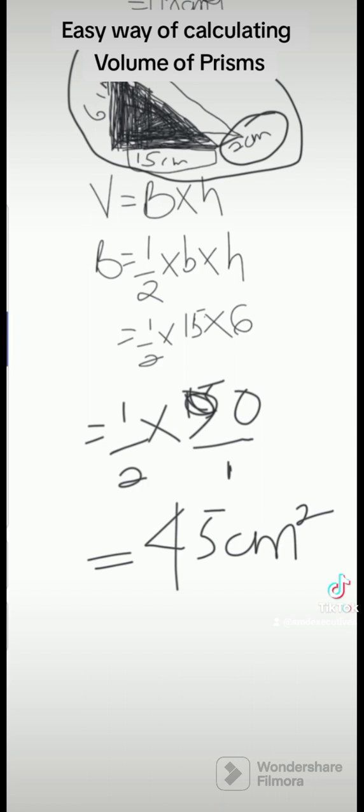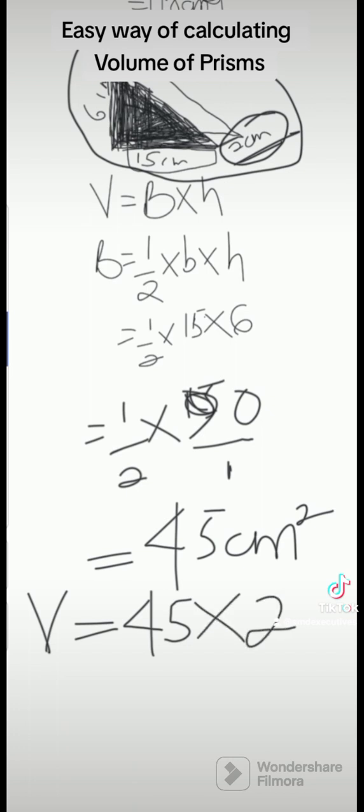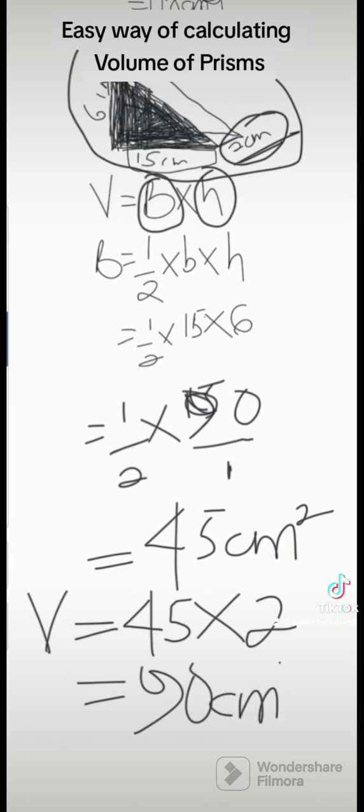Now we should know that it is a triangular prism, then that should be the base. Now 2 is now the height. So the volume of this shape becomes 45 times 2. That's the base area times the height. So that gives us 90 centimeter cube.